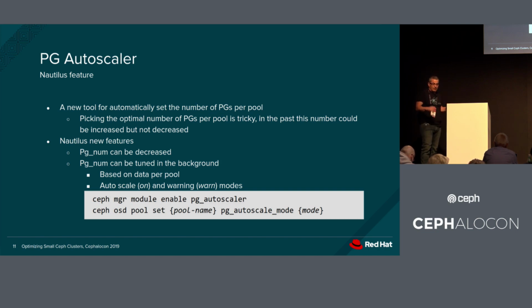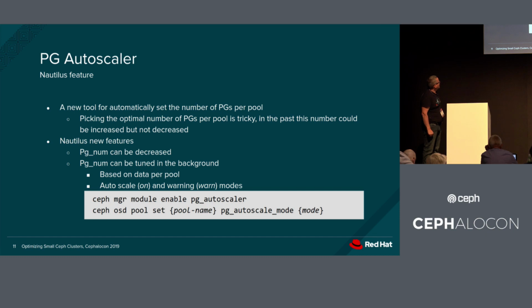I tried to decrease the number of PGs once using some kind of mechanism: create a new pool, copy all the data, delete the old pool, rename the new pool to the old. I ended up with a system not functioning. So reducing the number of PGs is a very, very nice feature.